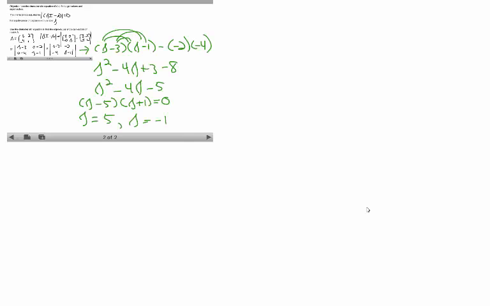Let's start anew. And we'll begin by finding the coefficient matrix for when lambda is equal to 5.